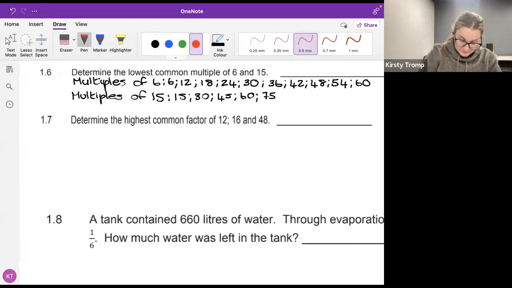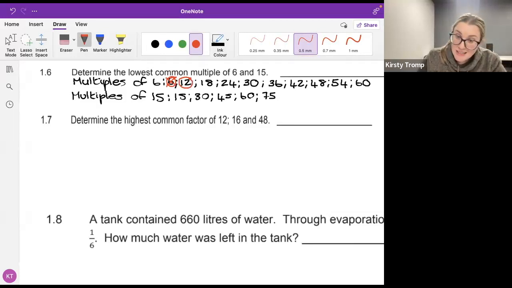Starting with multiples of 6, the first number I see is the number 6. Do I see a number 6 in the multiples of 15? No, I don't. So I'm going to cross them out. Then I see 12.